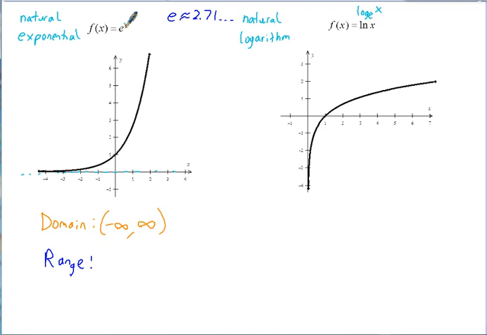Because no matter what you put in for the exponent, e, some positive number, 2.71 to any exponent is always going to give you a positive number. So the range starts kind of at 0, but it never actually touches 0, even though it looks like it almost gets there. So it'd be 0 with a parenthesis. But it does go up forever from there, so all the way to infinity.